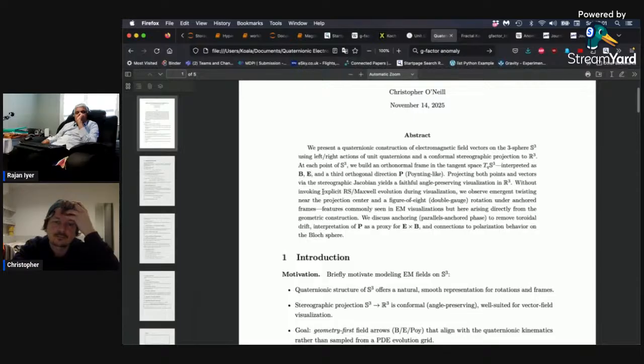So, right, we're leaving out all of this Biot-Savart stuff. That's basically all that's saying. And then we observe emergent twisting near the projection center and a kind of figure of eight double gauge rotation under anchored frames. So it's suspected that this figure of eight rotation is occurring because we've anchored the frames, which is interesting.